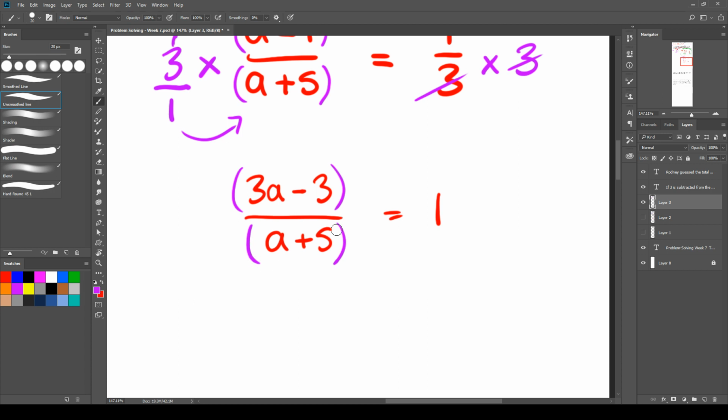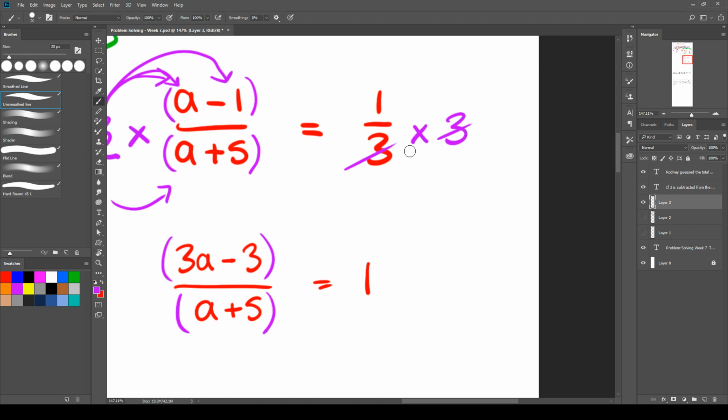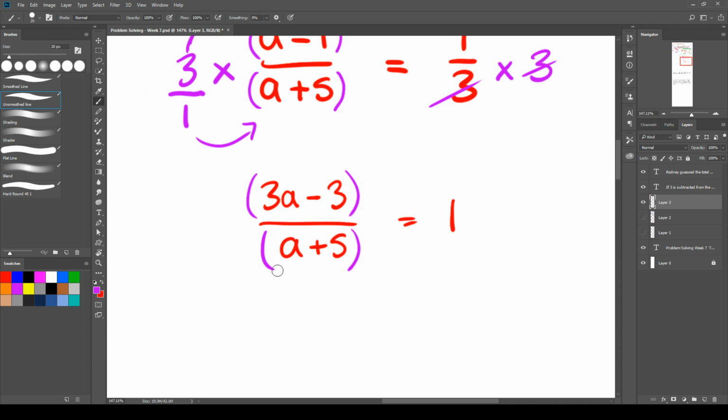To get rid of this one, just in the same way that I times the same value here, if there's a 3 down here, I'll times it by 3 to cancel it out. I want to times this whole thing by a plus 5. So I'm going to do, my brush has stopped working. Sorry. Trying to get my stylus to, there we go.